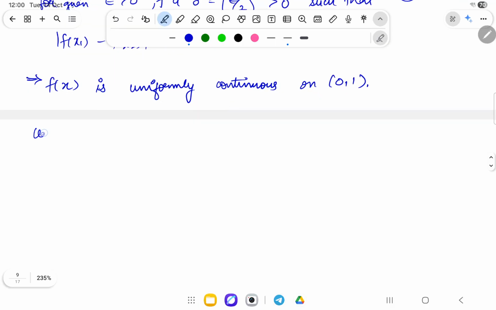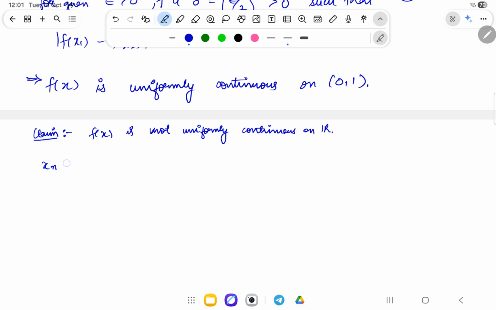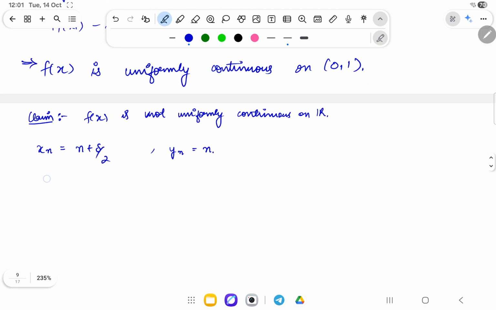So now our claim is f(x) is not uniformly continuous on the whole real line R. So for that, if I choose my sequence xn as n plus delta by 2, and I choose my sequence yn as, let's say, n only, then my xn minus yn will be equal to delta by 2, which is less than delta.